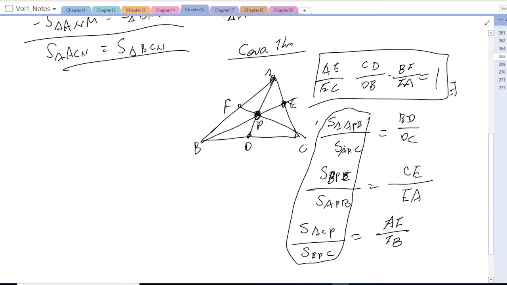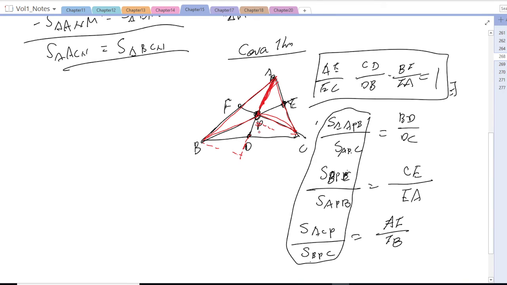Okay, let's take a look at the first one. The APB is this one, and the APC is this one. So we have a common base AP. You can see the height for APB is this, and the height for APC is this one.